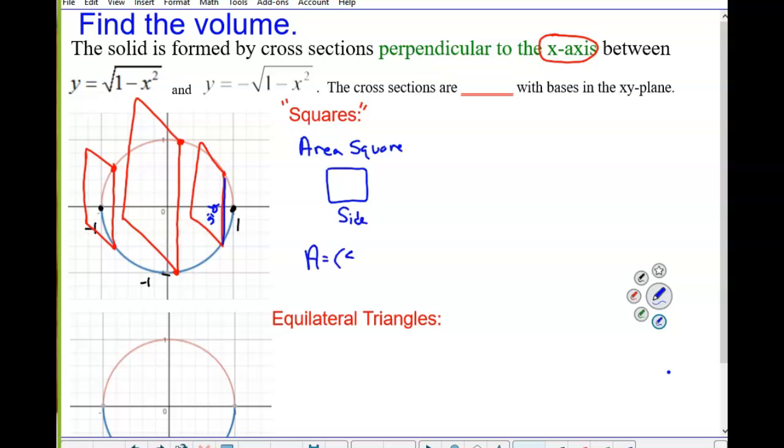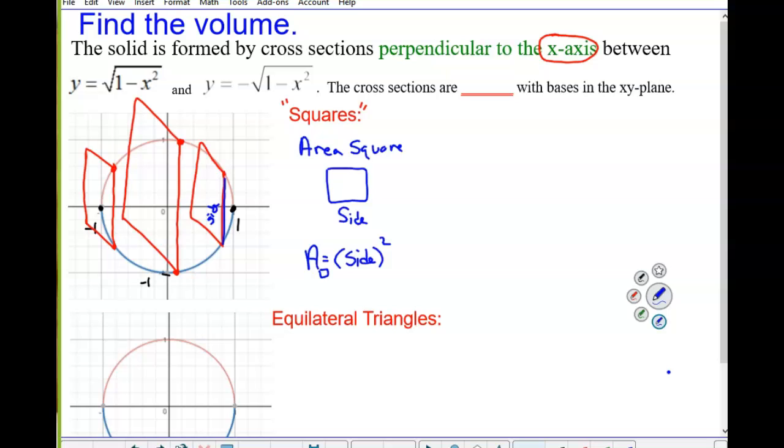Since it's a square, the area is just whatever that side length is squared. That's true for any square. Anytime you have a square, if you know the side length, you square it. So the big question then is, what is the length of that side?